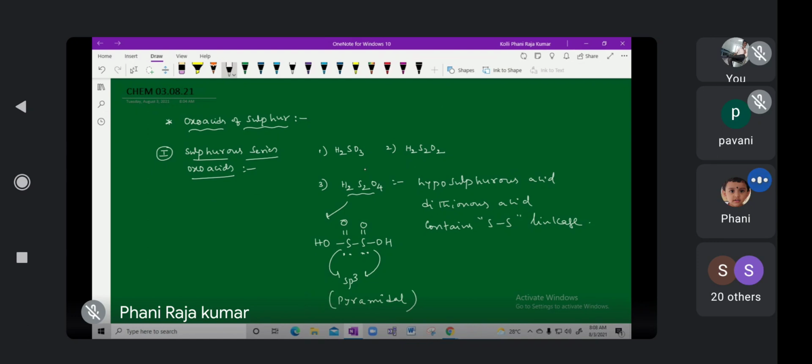Both sulfurs pyramidal, and both sulfurs have same oxidation state, +3 and +3. Average also +3. So this is third oxoacid of sulfur in sulfurous series oxoacids: sulfurous acid, thiosulfurous acid, hyposulfurous acid, or dithionous acid.